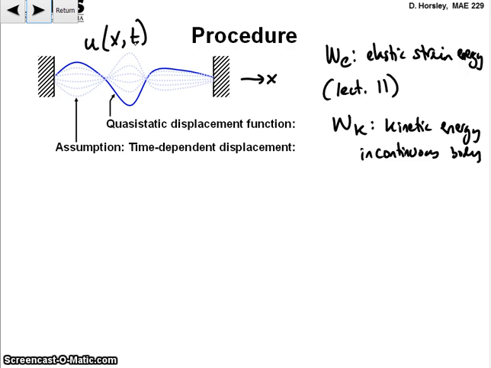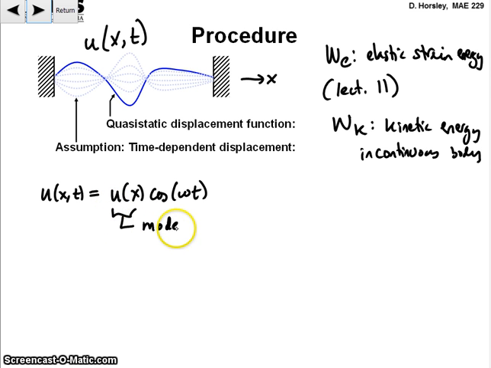So we use separation of variables. We write u of x and t is equal to some u of x times another function, which in this case I'm going to call cosine omega t, like that. So we break it up into a spatial component. This part here turns out to be the mode shape, and this is basically the time dependent part.